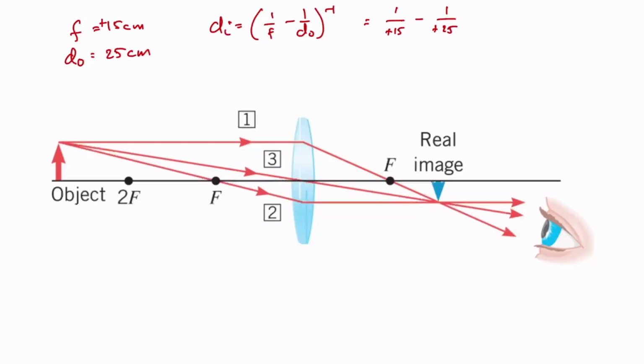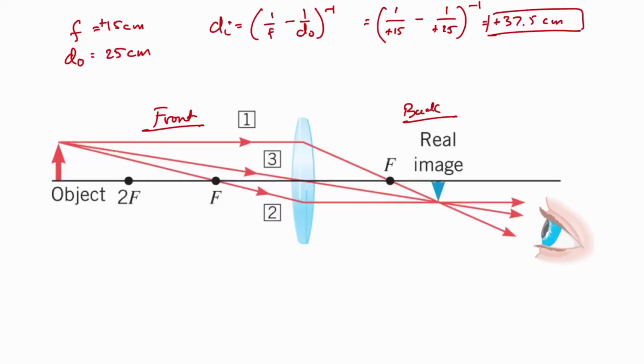How did I know that the object was on the front side? What's the front side of a lens? The side that the object's on. So again, it always has to be positive for lenses, as long as it's a single lens. And then I've got to invert all of that. When I did that, I got 37.5 centimeters, a positive 37.5 centimeters.